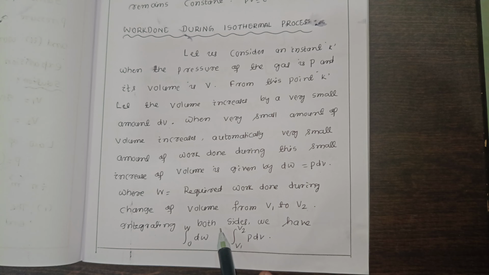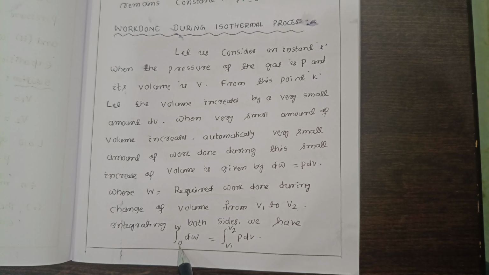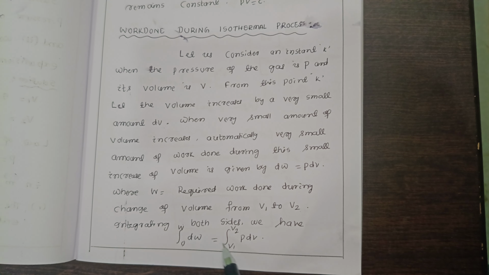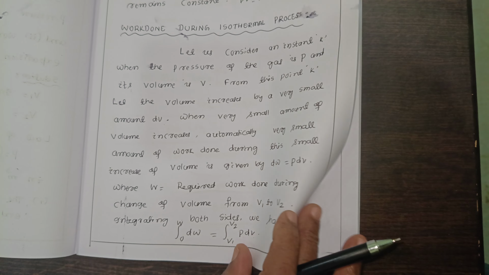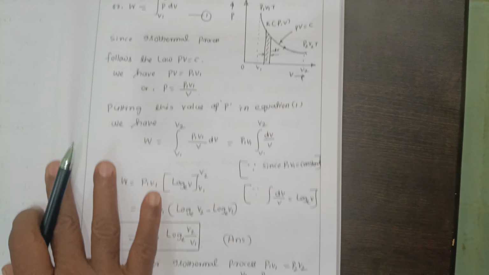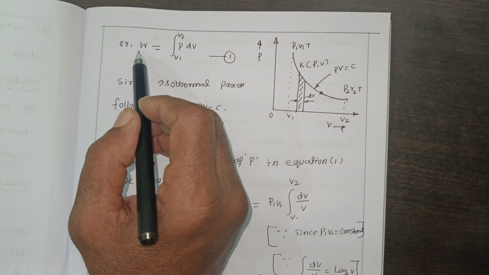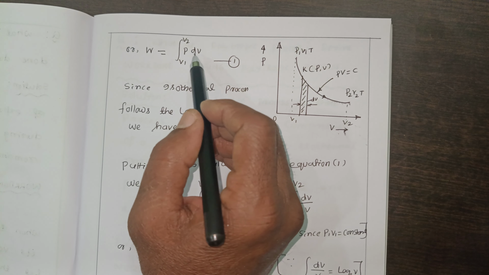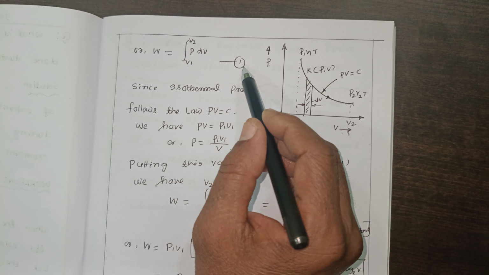Now integrating both sides, we have integral of dW with the limit 0 to W is equal to integral of PdV with the limit V1 to V2, or after integration we have W is equal to integral of PdV with the limit V1 to V2. This is equation 1.